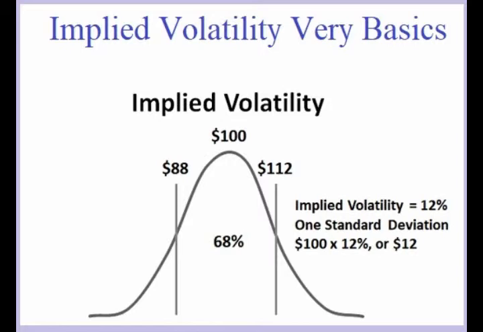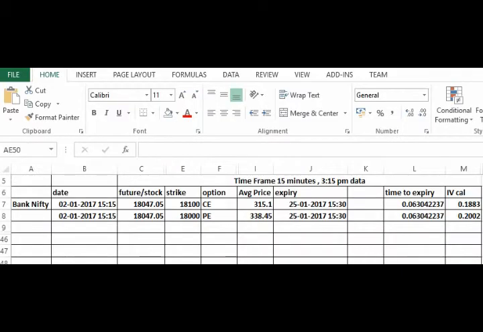Alright, so now let's see in an Excel sheet how we can calculate implied volatility. Okay, so let's go to a spreadsheet. I created this spreadsheet only for you guys, just to show how we can calculate the implied volatility for a European call option and a European put option when all the variables are already known.